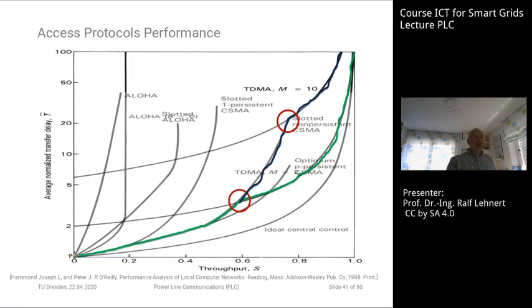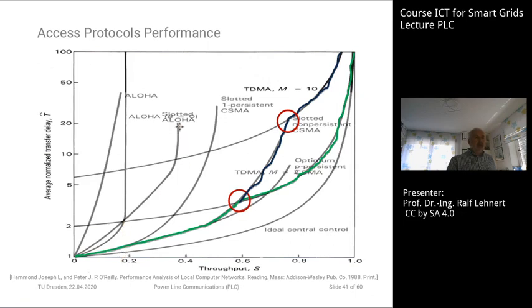The random access mechanisms, such as ALOHA or so, have the situation that if the load increases, there are collisions, and therefore you have losses, and the saturation of the pure ALOHA system is already at about 1/2e, 0.18 normalized throughput.